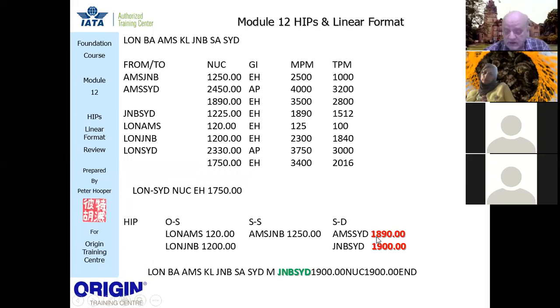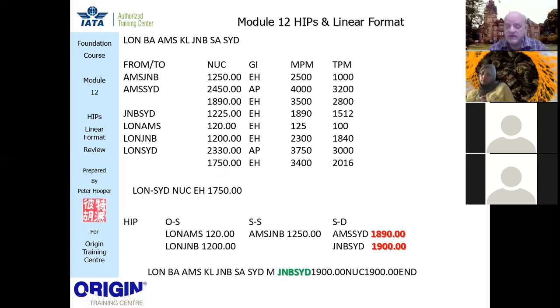Now, we know Amsterdam, Sydney is higher than that. But let's pretend Johannesburg, Sydney is also higher than that. So now I've got two HIPs. If it was your business, which of those two fares would you charge? 1900. And there we have it. The HIP Johannesburg, Sydney, 1900.